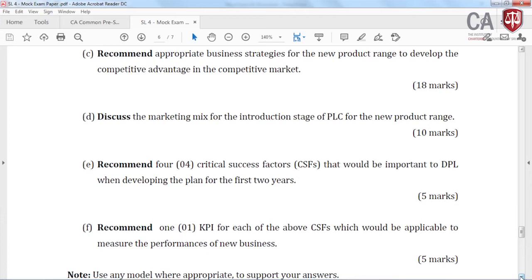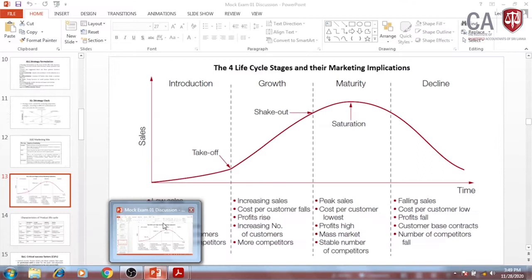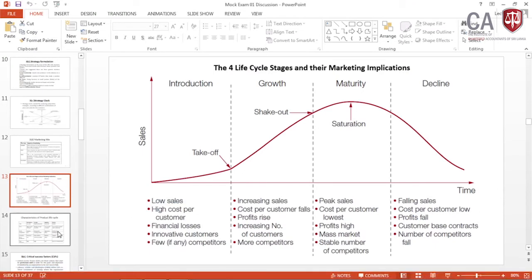Part E, recommend 4 critical success factors. What is critical success factors? I will try to understand what critical success factors are.